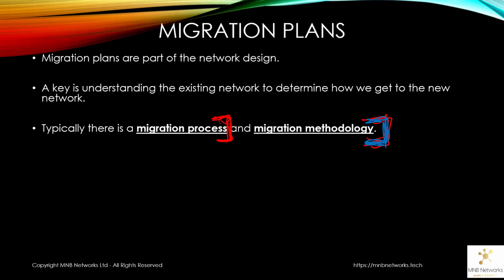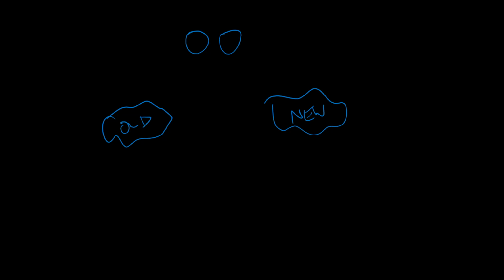So a migration methodology is a methodology that you follow, typically one that never changes. If I explain this at a high level, say this is the old WAN and this is the new WAN, and then we've got a data center that has a connection to the old and a connection to the new.